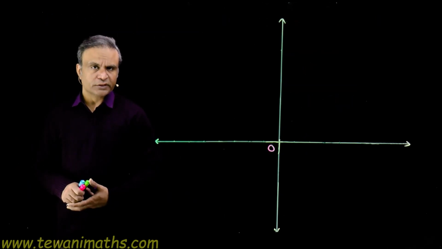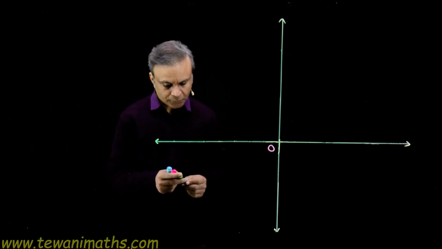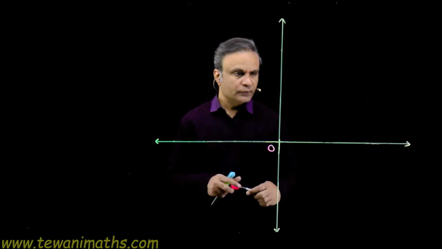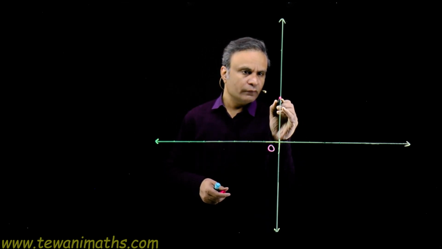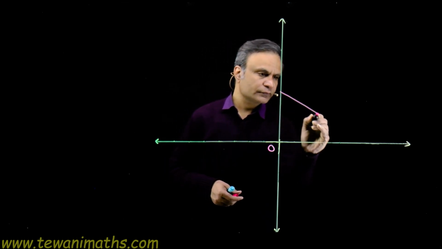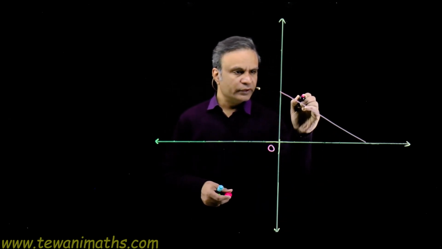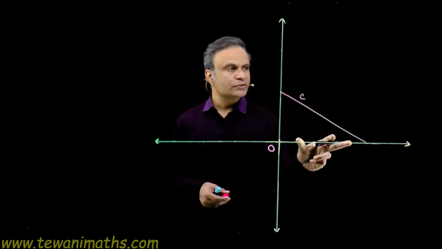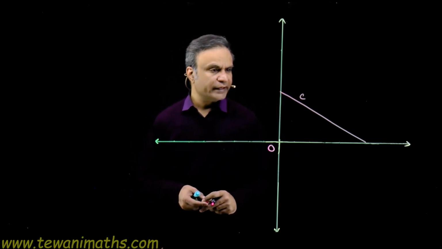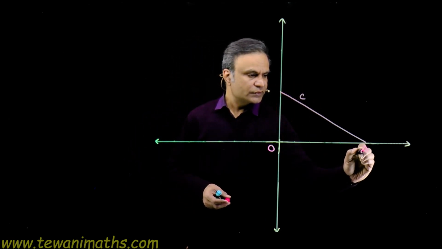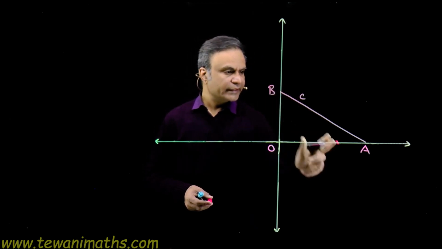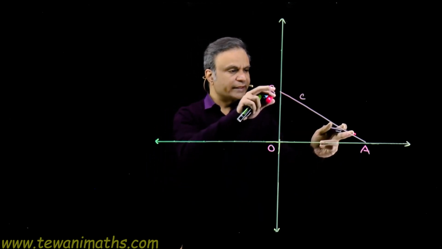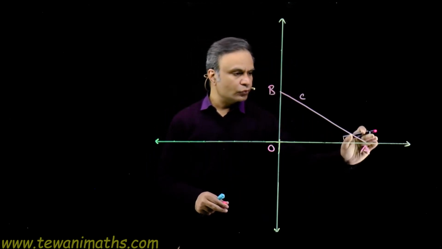Okay, now for the next question, we draw the diagram. We have one line segment of fixed length C units such that its ends are touching the positive x-axis and positive y-axis. Suppose this is point A, this is point B. Points A and B are variable points because this line segment is sliding between these two coordinate axes.